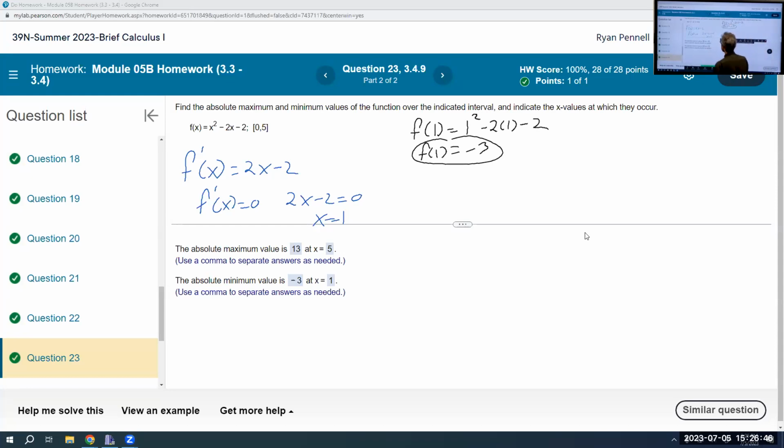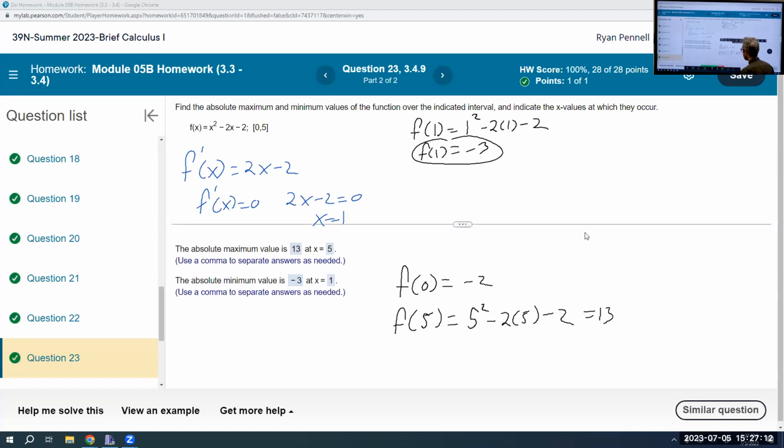So we need to also check what's going on at f of 0, what's going on at f of 5. So because this is a restricted domain, the max or min could lie there as well. So for my numbers, f of 0 will just be negative 2. F of 5 would be 5 squared minus 2 times 5, which is 10, minus 2, so that's 25 minus 10, minus 2, which is 13.